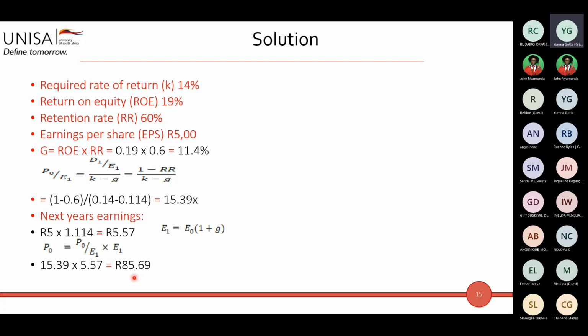I'm not sure what it was in this case, but you always keep your calculator at 4 decimal places to get an accurate answer. And the final answer, because it's a Rand amount, must be 2 decimal places.